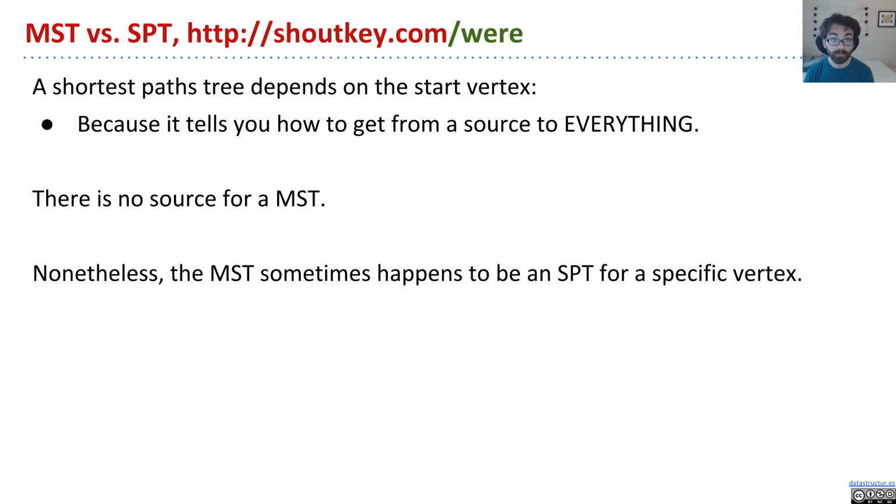Nonetheless, despite that fact, the minimum spanning tree does happen to sometimes be the shortest paths tree for some vertex. This I bring up because it suggests one potential algorithm, which would be step 1, find the good vertex. Step 2, run Dijkstra's, and since you've used the good vertex, you now somehow have the minimum spanning tree using Dijkstra's.